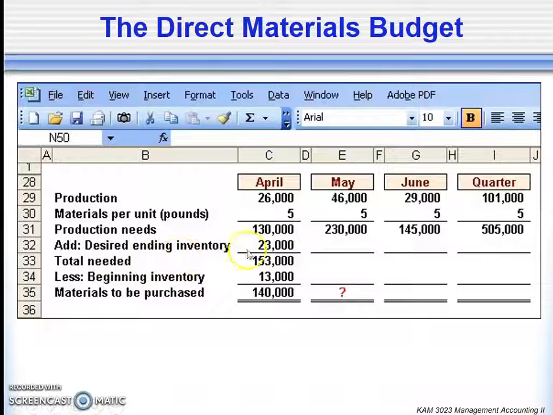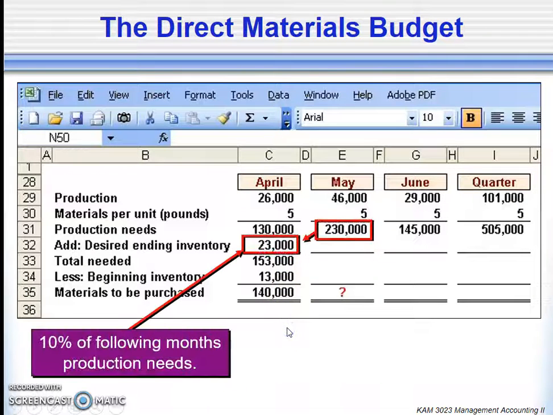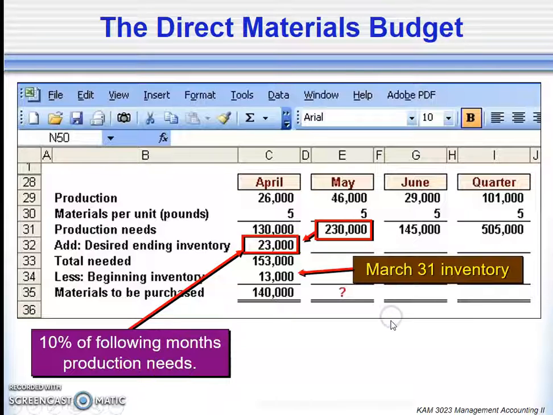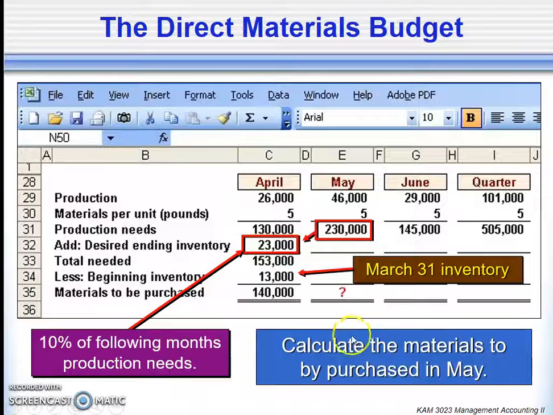Then the desired ending inventory, okay, add the desired ending inventory and we get the total needs, and less the beginning inventory, we get the materials to be purchased in April. So the ending inventory is 10% of the following month's production needs, as mentioned in the information.